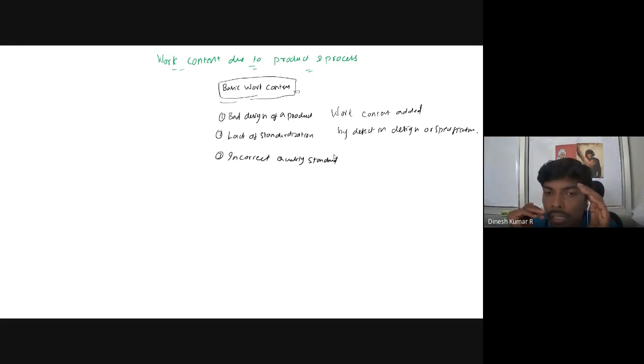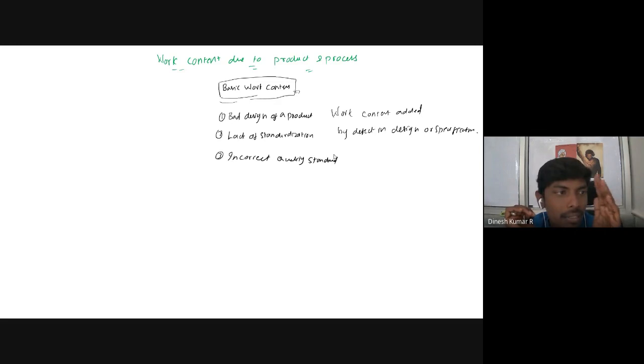So now we understand the lack of standardization and incorrect quality standard. Lack of standardization discusses only the design aspect, but incorrect quality standard completely describes your product. What is the quality standard which is to be maintained from the design to product?